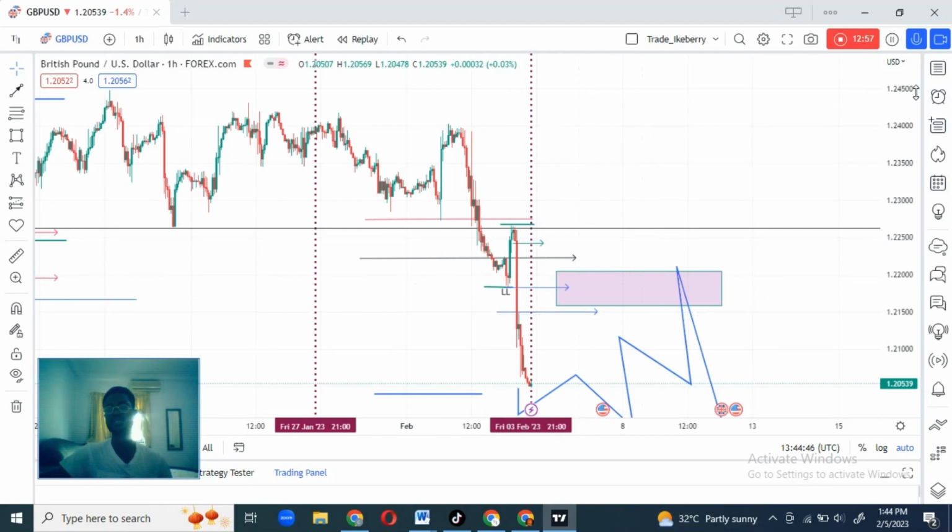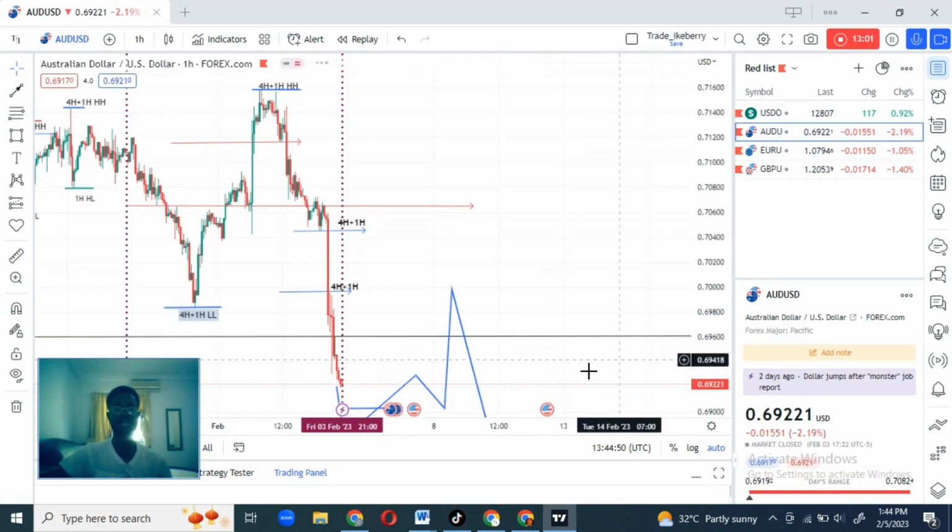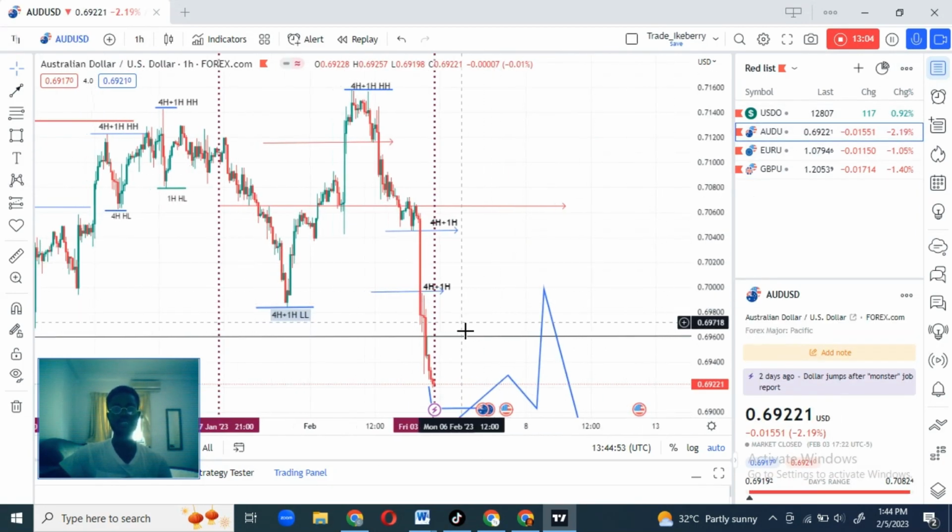Then we move price bearish. It comes into the AUD USD too. We also expect price to come right into this 4H and 1H imbalance and then retrace back for us in a corrective manner.